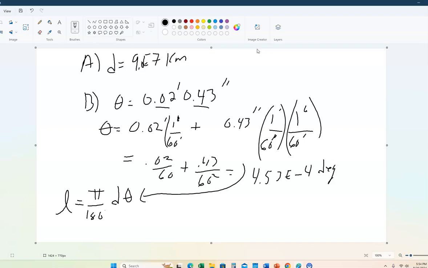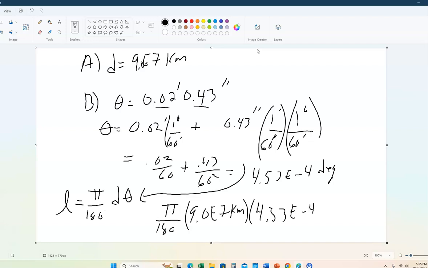Now that's already in my calculator, so I don't really have to round that. This is the calculation for L: pi divided by 180 times the distance, which turned out to be 9.0 times 10 to the 7th kilometers, and then times this really tiny angle, the approximate value 4.53 times 10 to the minus 4th.